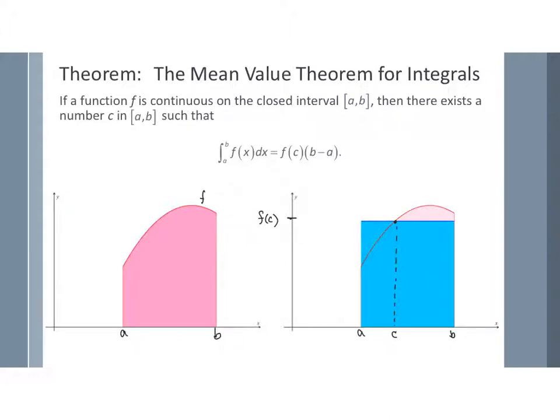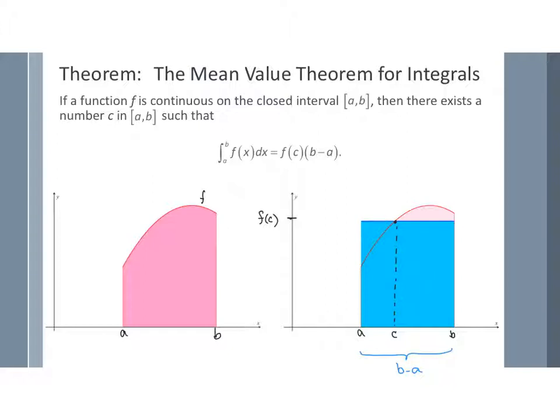So let me come up here and let's break this down in relation to this picture. So this length is b minus a. And the height of this rectangle is f of c.